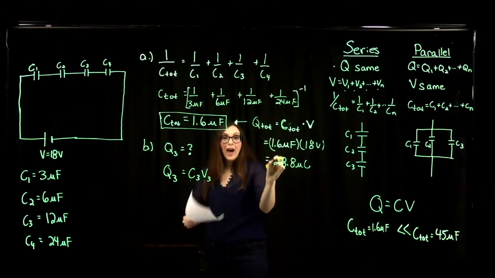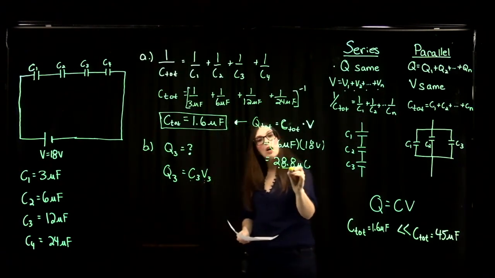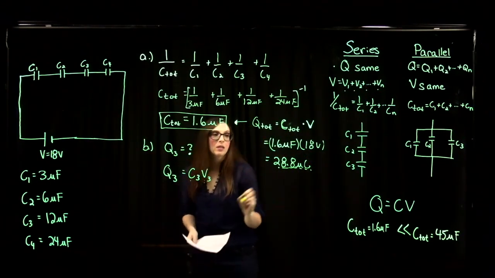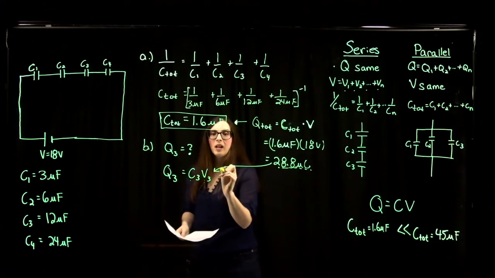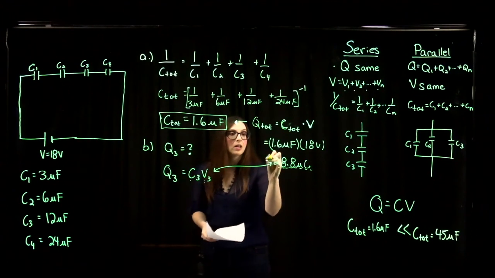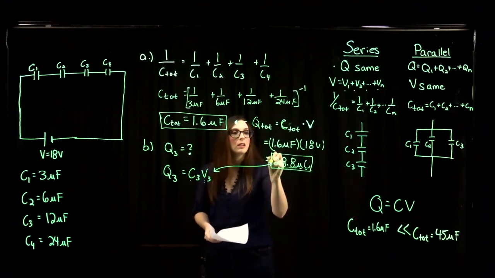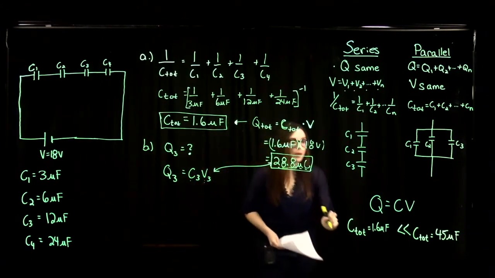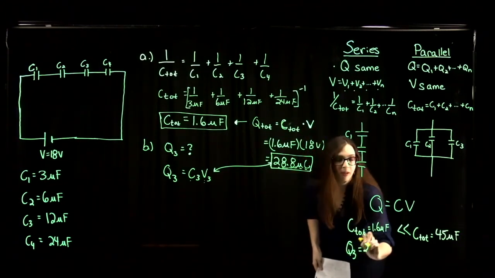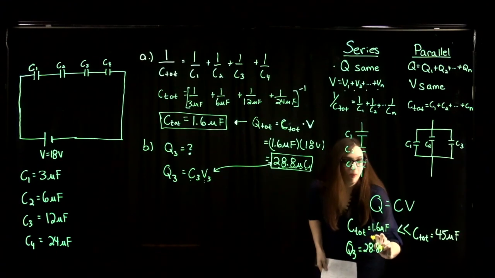And so that is the same as the charge on every single one of my capacitors here in series. So this is the same as the charge on my third capacitor. So actually this is how we could answer that question. The charge Q3 for this problem was 28.8 microcoulomb.